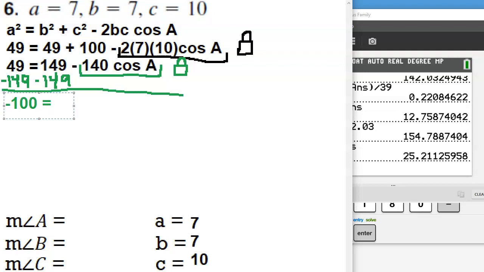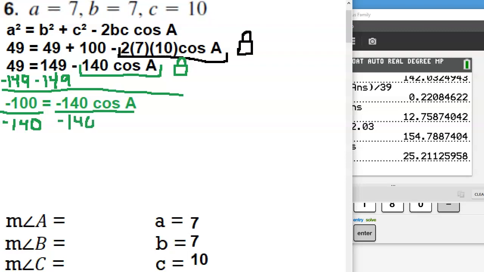I'm telling you because I've seen it over and over and over again. I've been teaching this about as long as you've been alive. All right, so what we have to do instead is subtract from both sides, then divide, and then do the inverse cosine. So that's what we're going to do.